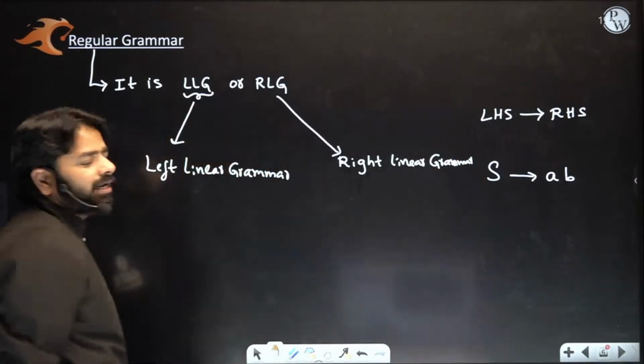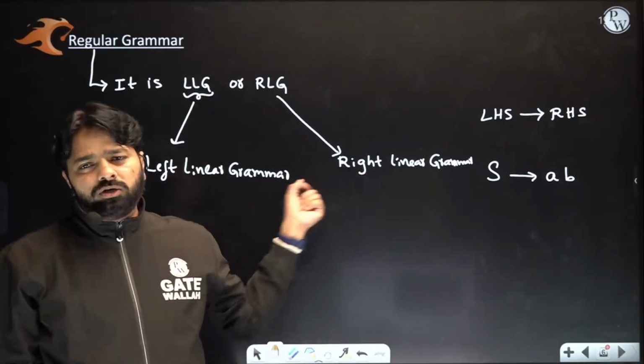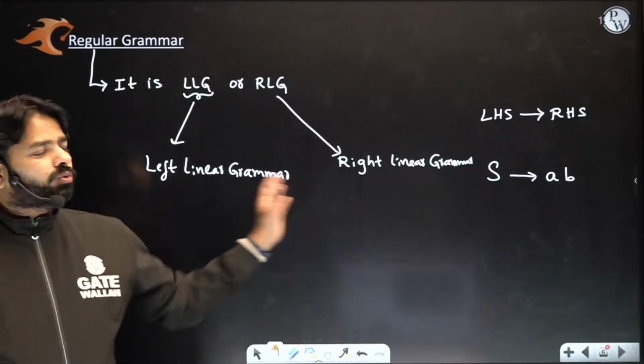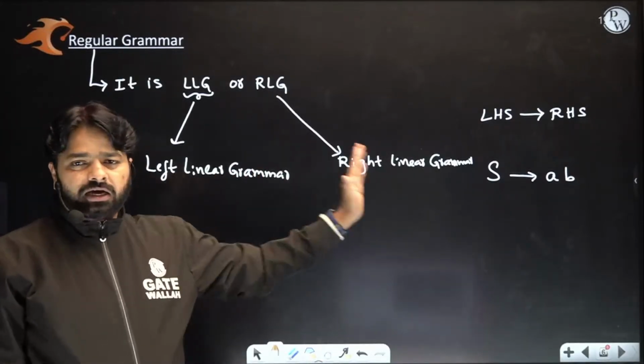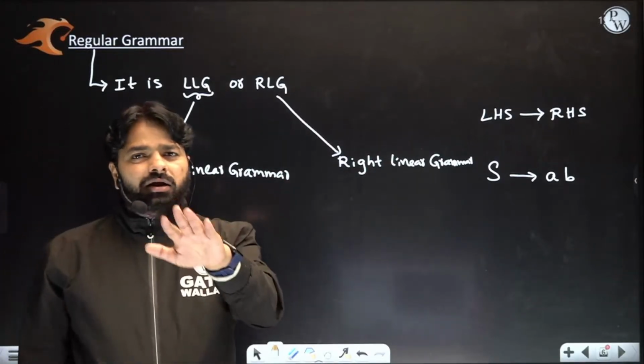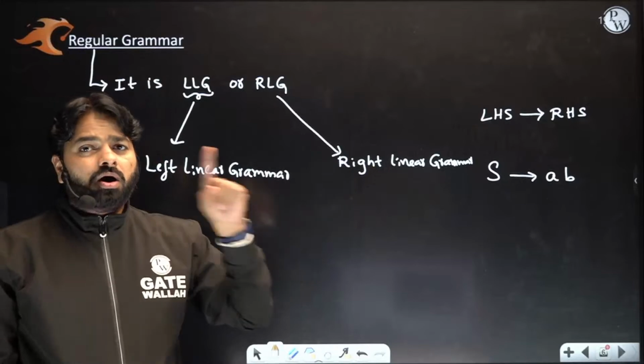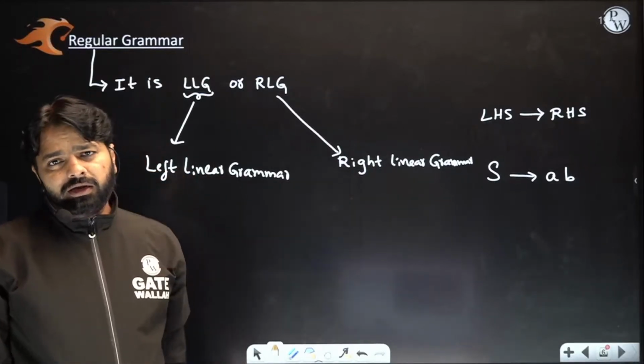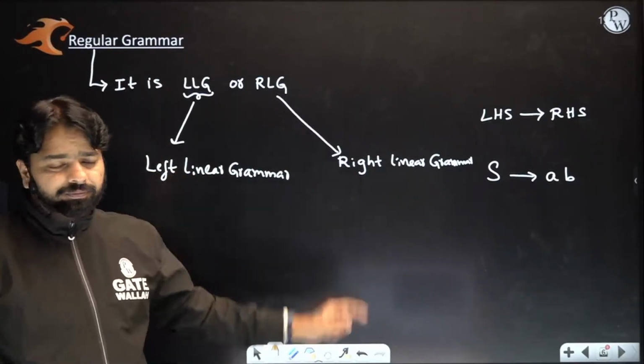Anytime you talk about regular grammar, use either this grammar or that grammar. Do not mix the rules of the two; both are different definitions. A regular grammar should be a right linear grammar or a left linear grammar, satisfying at least one of them.